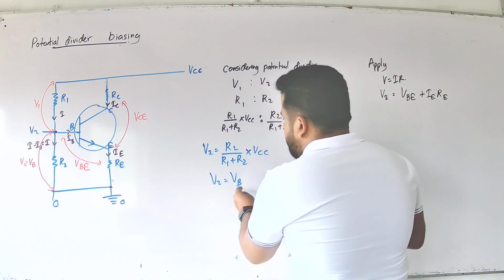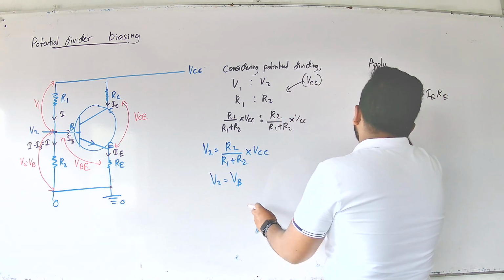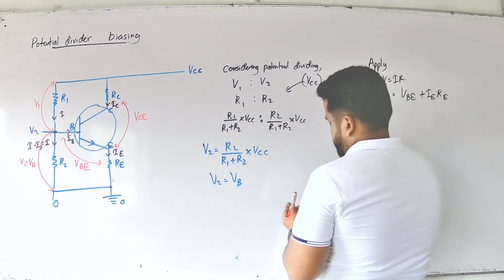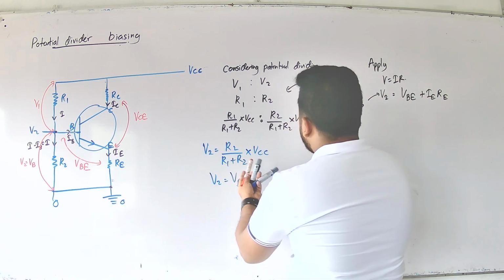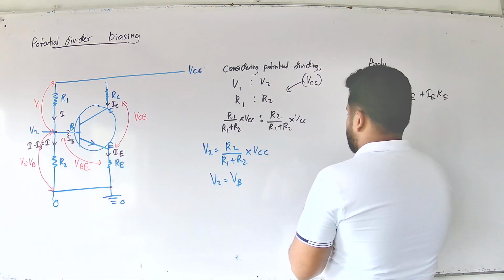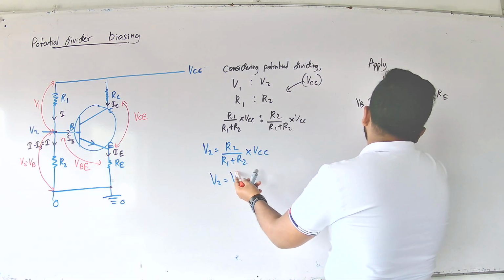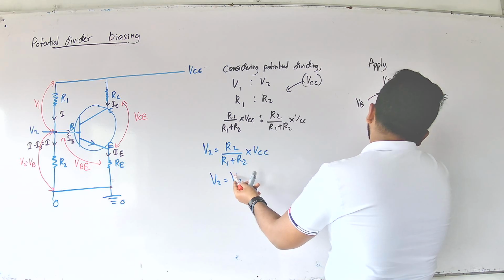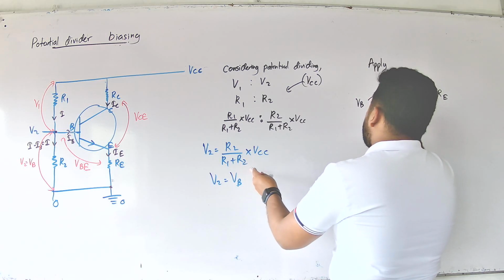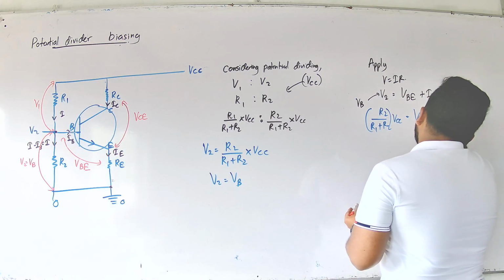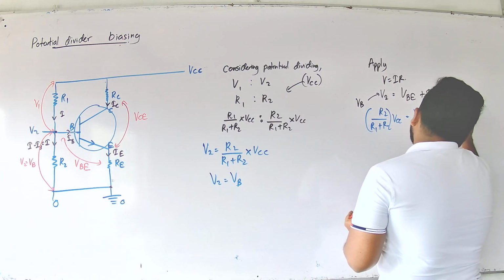V2 is VB, right? So from this we get R2 over R1 plus R2 into VCC equals VBE plus IE RE.